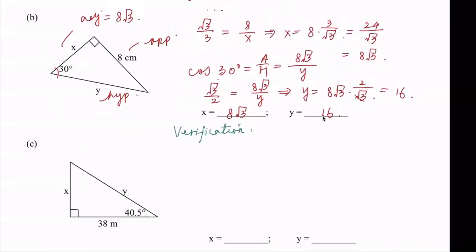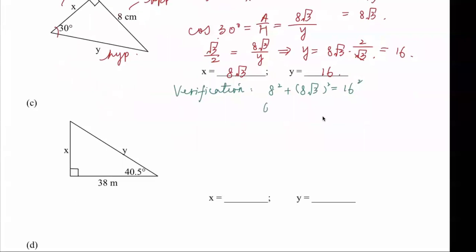Okay. So by Pythagorean theorem, we know that 8 squared plus 8 times square root of 3 squared should be 16 squared, right? So 8 squared, that's 64, right? 8 times square root of 3 squared, that's 64 times 3, which is 192, right?